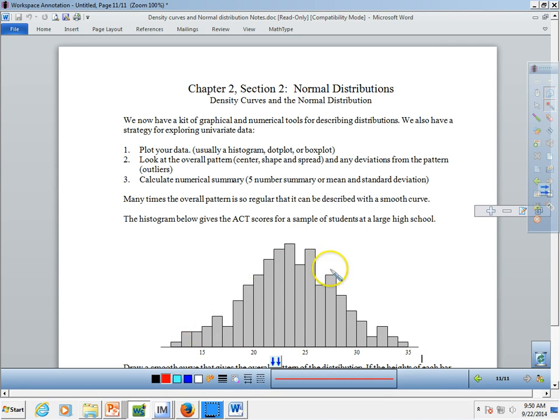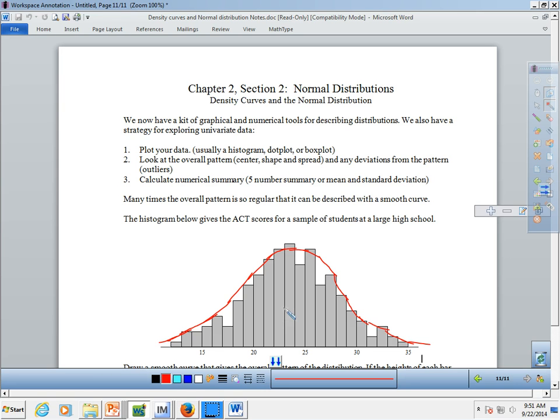It's a fairly regular distribution, so we could fit a density curve over it that might look something like this. You want to capture the tops of those boxes the best you can. The idea is to take the bars away, and all you'd have left is that curve.